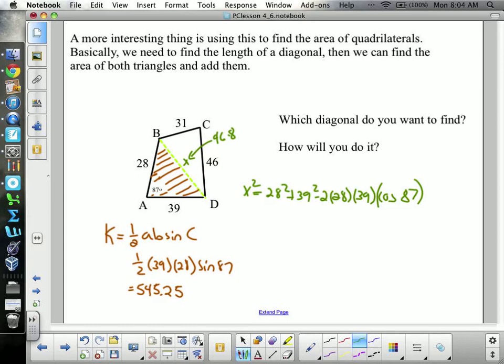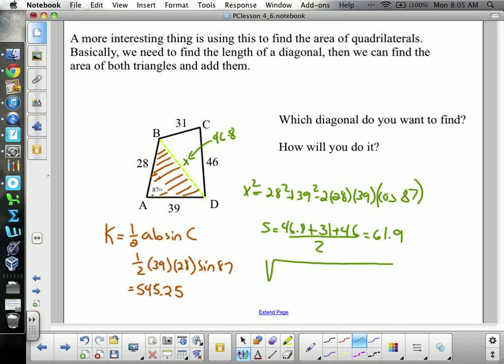Then I could use Heron's formula, so my semi-perimeter is 46.8 plus 31 plus 46 divided by 2. Semi-perimeter is 61.9.